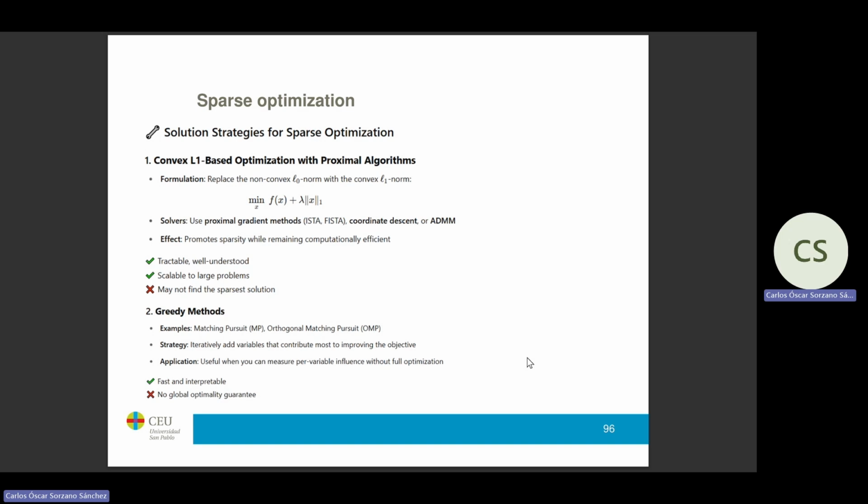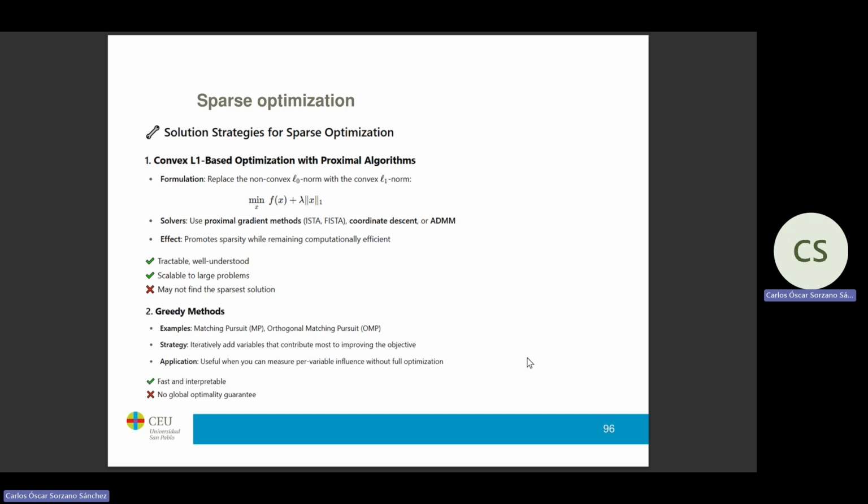And we have said that L1 tries to promote sparsity. I cannot choose how many components you will be allowed to take, but naturally you will try to take few. And for solving this problem, the L1 norm is convex, and it gives rise to relatively easy methods and very good convergence.